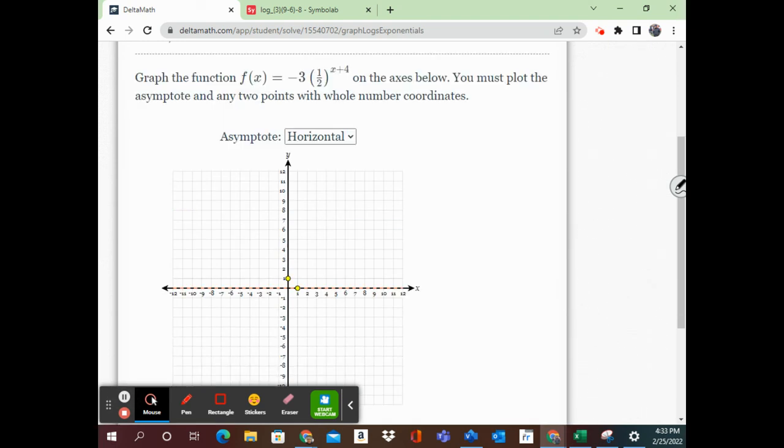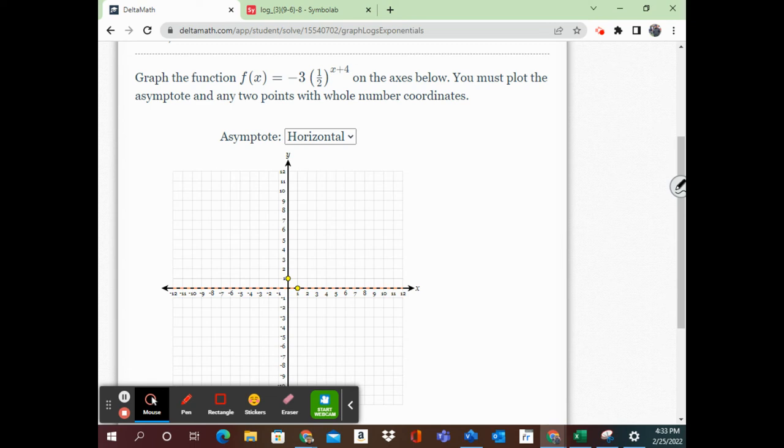All right, since my horizontal asymptote is at 0, I now need to think about the x values I plug in. If I plug in an x value in the positive direction, let's say 1, then -3 times 1/2 to the 4th power is going to give me a negative number.